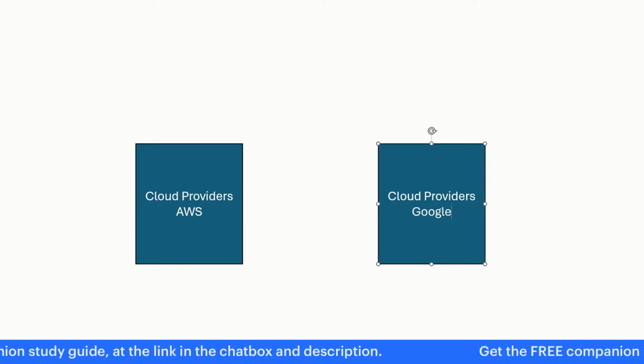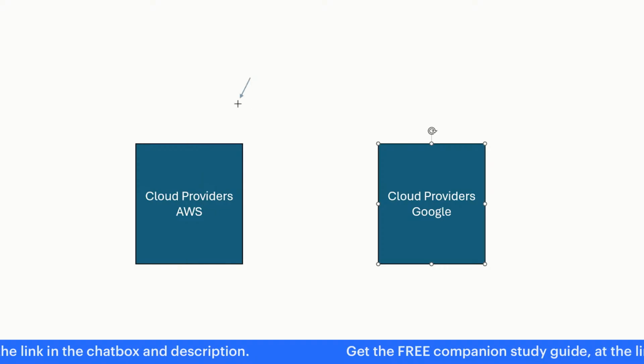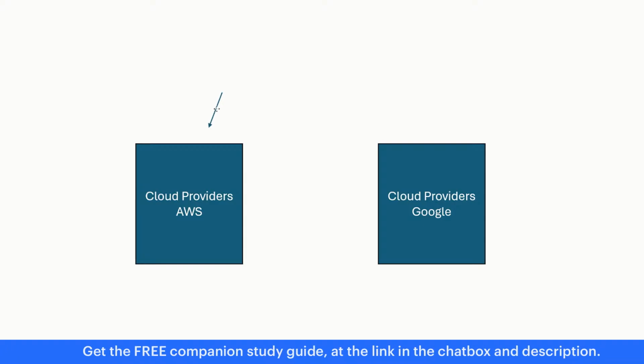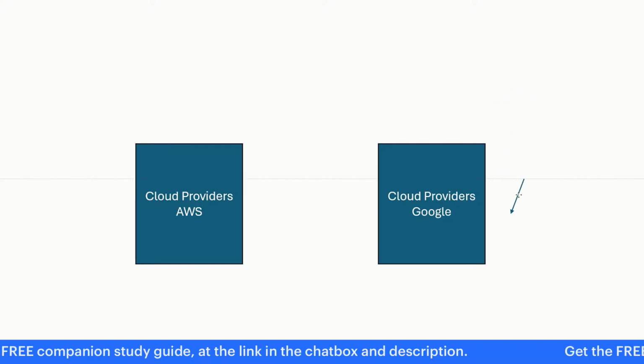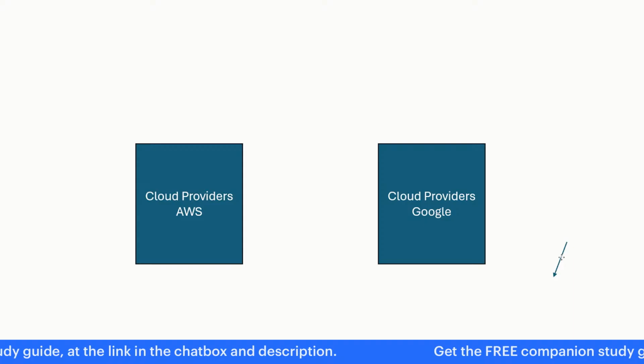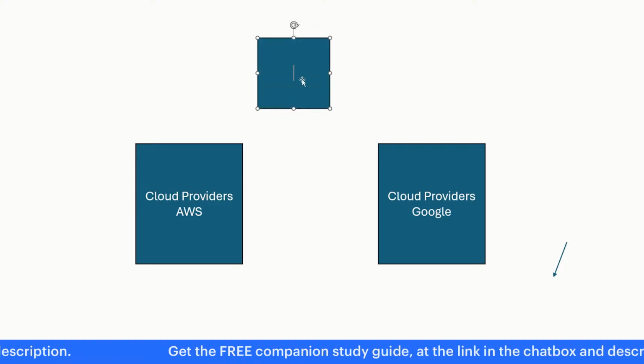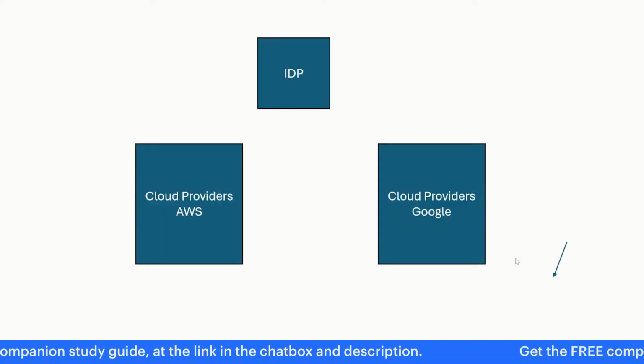Let's say the users are using both systems. We could attempt to manually do our identities in AWS and manually do our identities in Google. That gets really ugly.